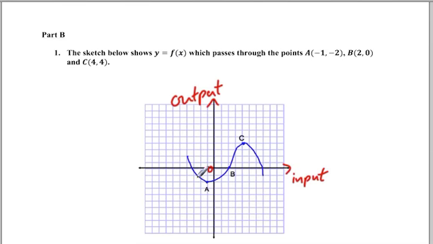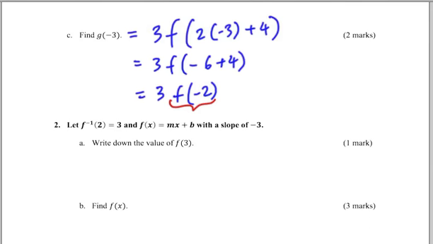It's right here. So f of -2 is really this green dot right here. And if you look carefully, it's almost -1.5. So when x is -2, y is -1.5. So what I'm going to say is this is basically equal to 3 times negative 1.5.